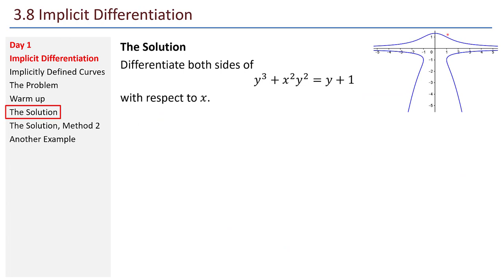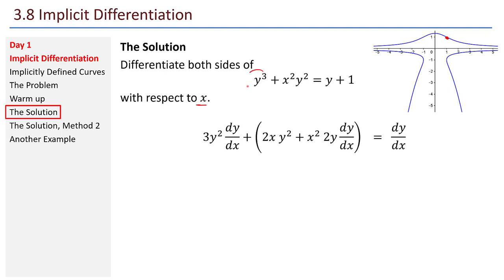How do I find the slope of the tangent line through the point 1, 1? The first trick is to differentiate both sides of the equation with respect to x. So both sides of this equation, they have some x's, they have some y's, but I'll treat x as my variable, differentiate both sides with respect to x.